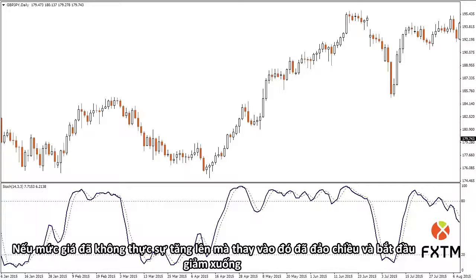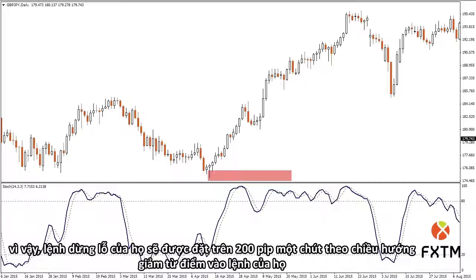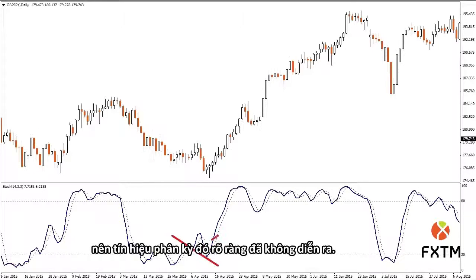Well, if the price had not risen, but instead had reversed and begun to decline, and had taken out the low of that divergence, which occurred on the 14th of April, you can see that here, the low price at the time was 174.866. So their stop loss would have been placed a little over 200 pips to the downside from their entry point, because the assumption is that if that second low had been taken out with a third lower low, well, that divergence is apparently not working out.